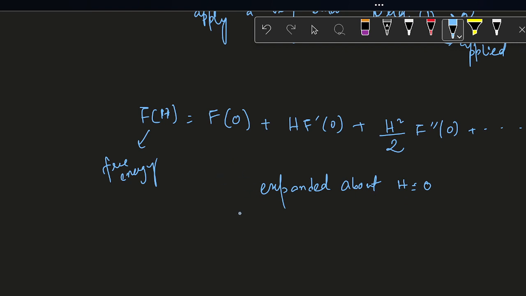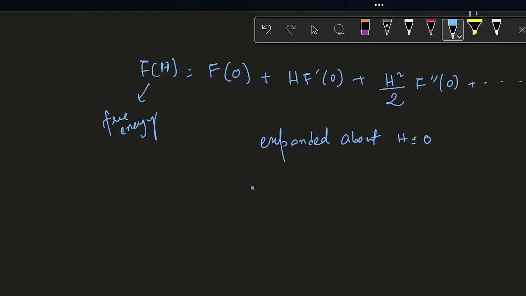Now there is another concept you have to utilize: you know that the magnetic moment, this is a standard expression, in any system has a relation with the derivative of the free energy with respect to field. This is the Helmholtz free energy, by the way. Standard representation is F, Helmholtz free energy. So if M is the magnetic moment, then M has a connection as del F del H.